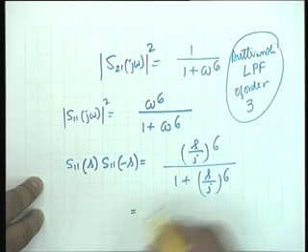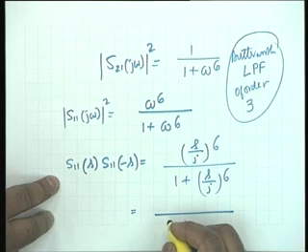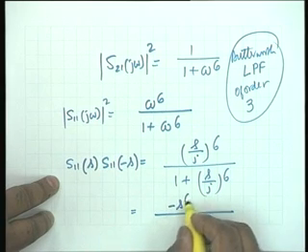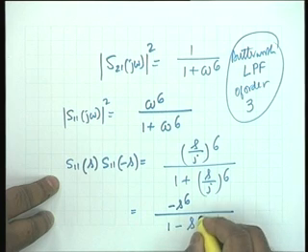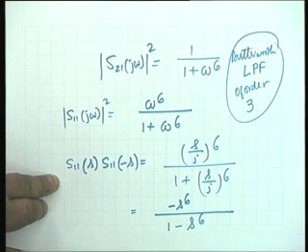Can you tell me what the denominator shall be? The numerator is minus S to the 6 and the denominator is 1 minus S to the 6.